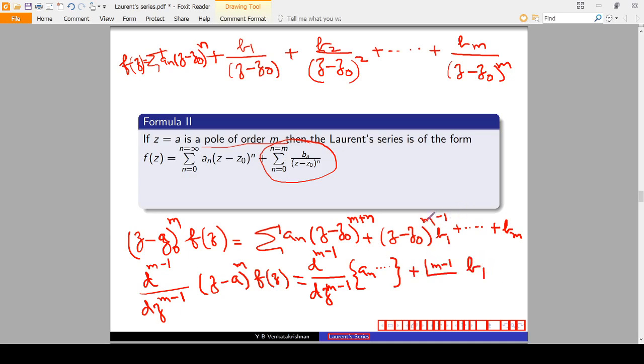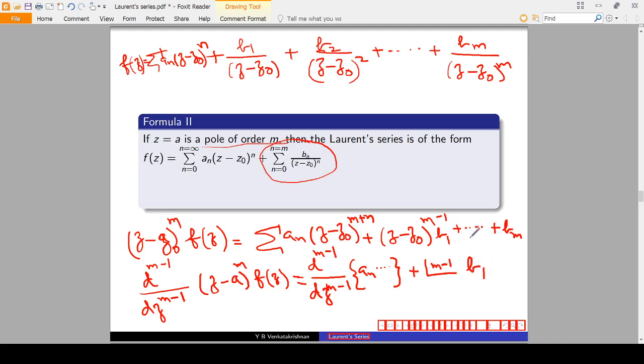When I differentiate once, I will have m minus 1 z minus z0 whole power m minus 2. When I differentiate it again, I will have m minus 1 into m minus 2 into z minus z0 whole power m minus 3 into b1.